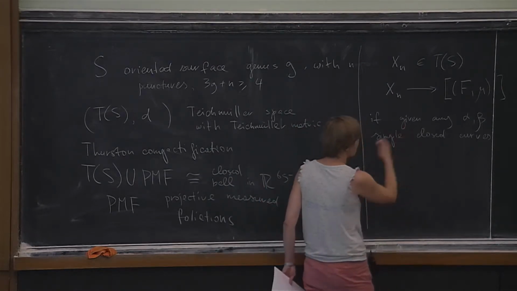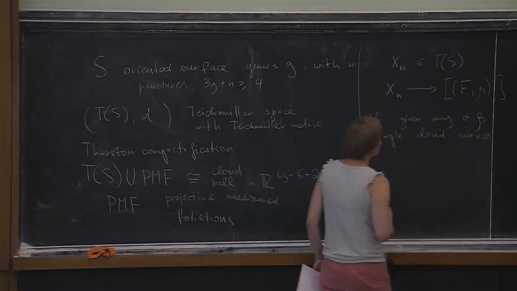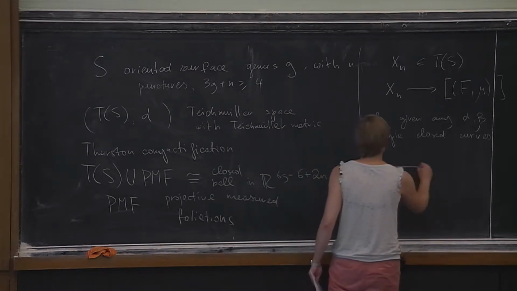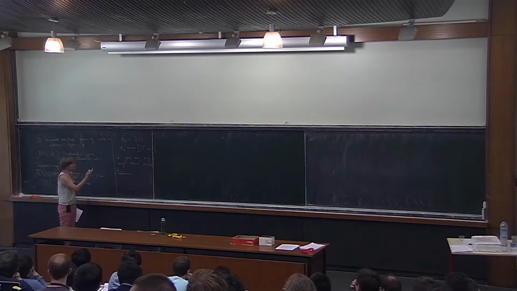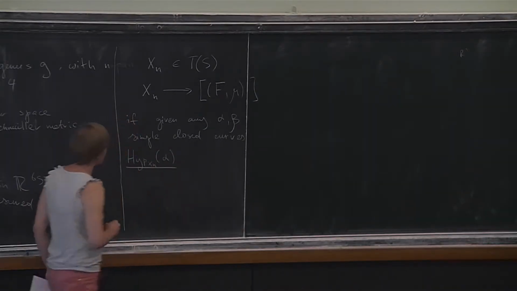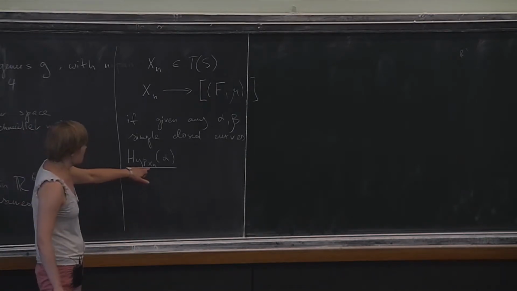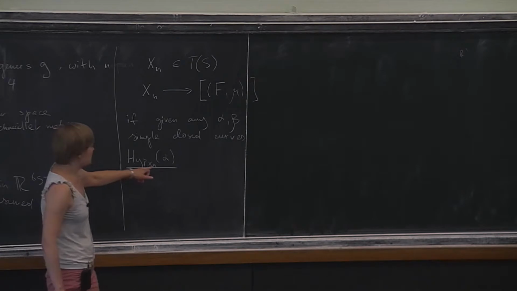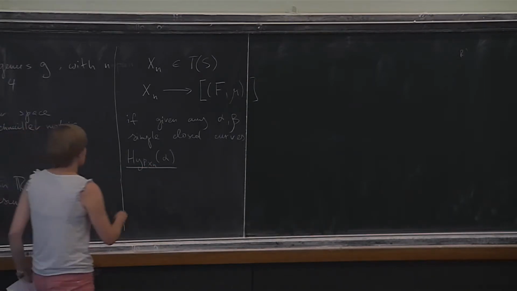So here I can measure the hyperbolic length of curves. So I'm going to write it like that. So by this I mean the length of the unique geodesic in the hyperbolic metric of X_n.